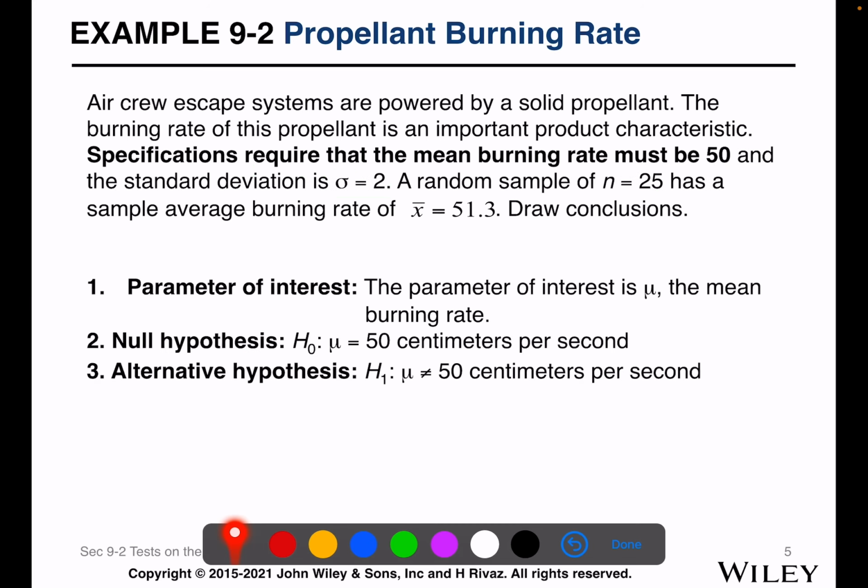Okay, so the parameter of interest that we have to specify is mu. We have to state the null hypothesis: mu is equal to 50. The alternative hypothesis: the question never said that it has to be less than something or more than something, right?